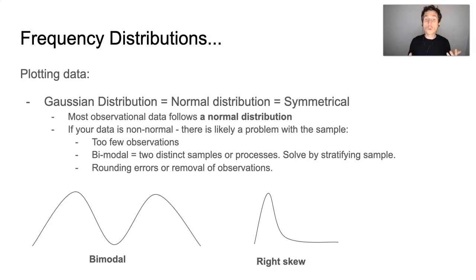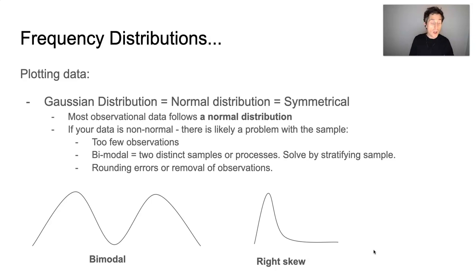Now, if our data looks non-normal, that is, it has one of these skews, it maybe looks like what we call bimodal or right skewed or left skewed, then what we probably have is some problem with the sample that we're trying to generalize about a population. That is, we have something like too few observations.